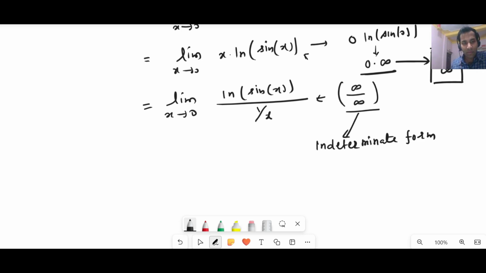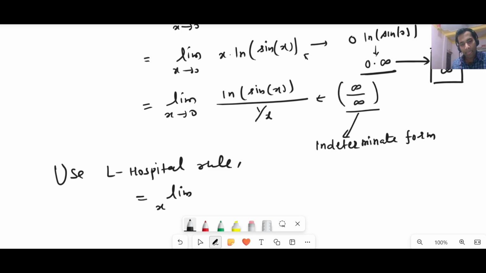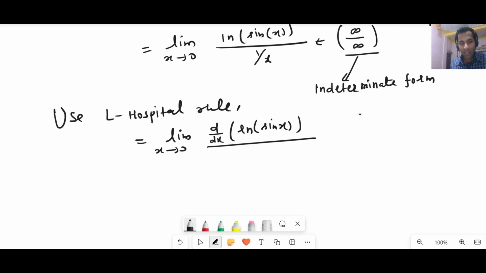So now we will use L'Hospital rule. Further, we will differentiate numerator and denominator with respect to x. It will give the whole divided by the derivative d over dx of 1 by x.